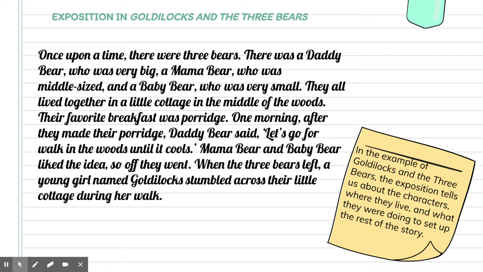What does it look like? It's not a city. It's not this open field. We're in a cottage in the middle of the woods. So that preps us as the reader to know, okay, this is where we are. These are the characters that we're going to be paying attention to. They really love porridge. We also get a little bit more background information for what they like and also where they're going.